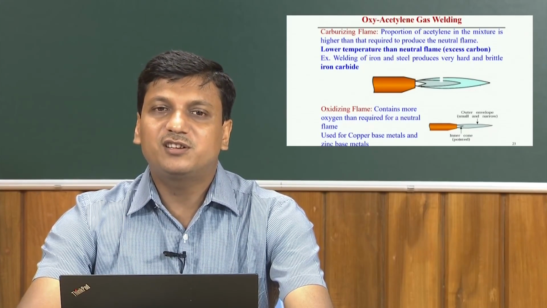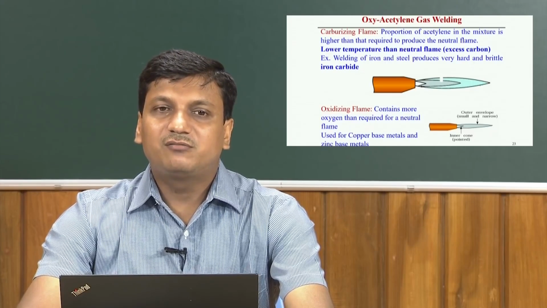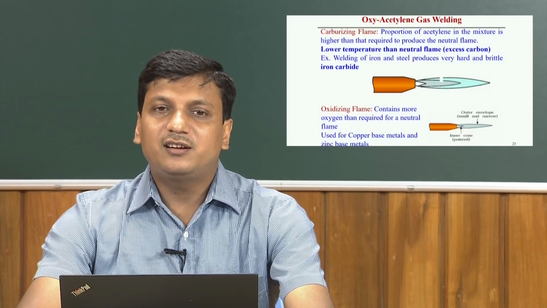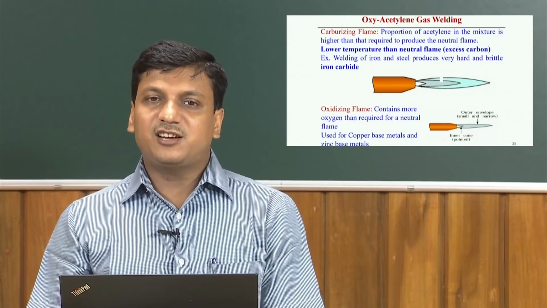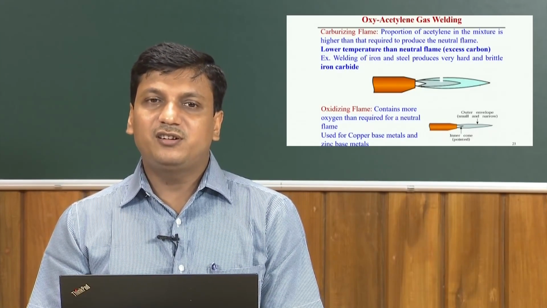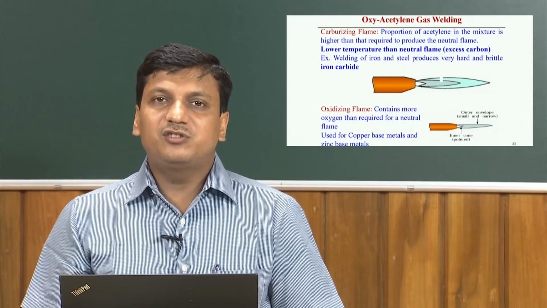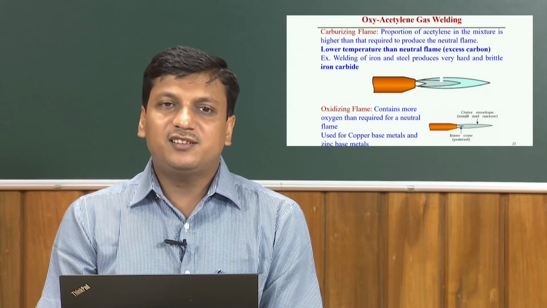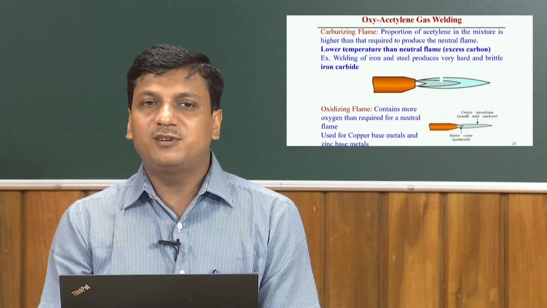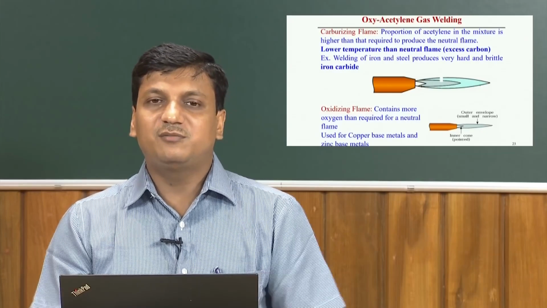A typical application is the welding of iron and steel, since excess carbon produces hard, brittle iron carbide. So, if there is a requirement of producing iron carbide, then the carburizing flame is preferable, but the maximum temperature is lower than that of the neutral flame.